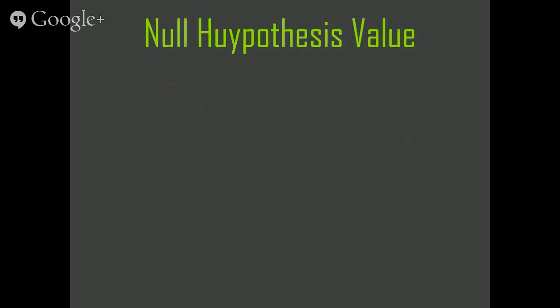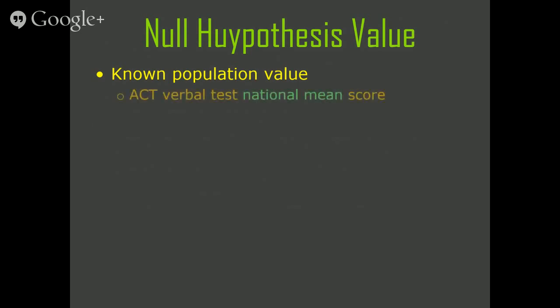So let's look at some examples of some of those. A known population value. Let's say you get a sample of some ACT verbal test scores from your school. You might compare that to the ACT verbal test national mean to see whether your sample has a different average score from the national mean. That might be something you could do.